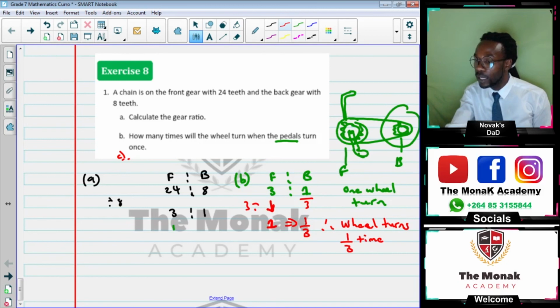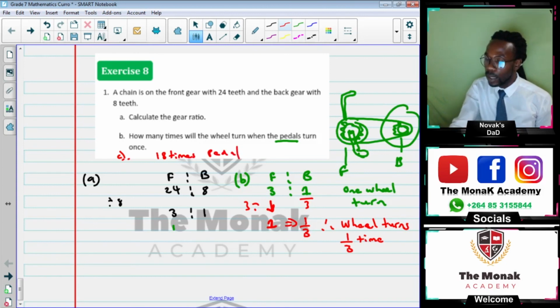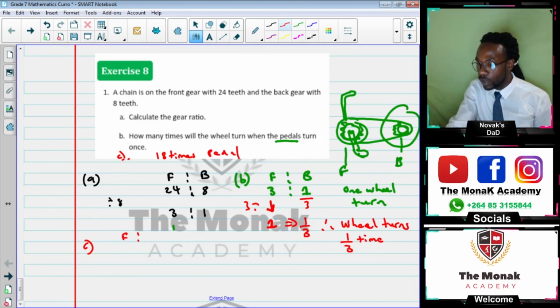Right? Now what if we put C and say how many times will the wheel turn when the pedal turns 18 times? So again, that's our makeup question. Our ratio is front, which is where the pedal is, to back, which is where the wheel is. So 3 is to 1.